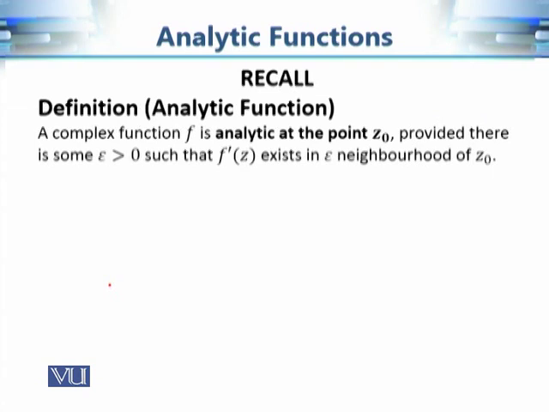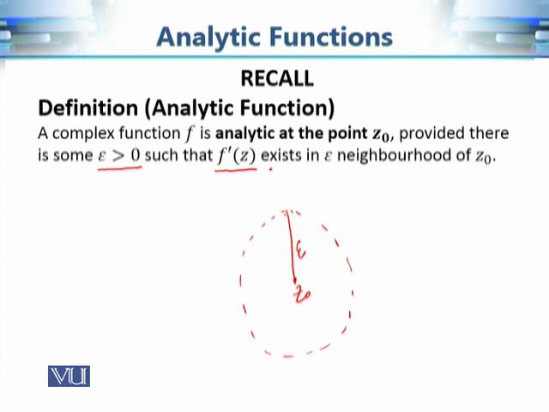Now, let's recall what an analytic function is. A function is analytic at a point z0 provided there exists some positive real number epsilon greater than 0, such that in this open disk with center z0 and radius epsilon, the derivative of f exists at each and every point inside this epsilon neighborhood of z0.